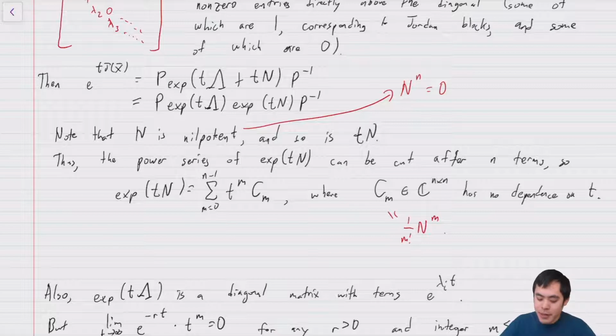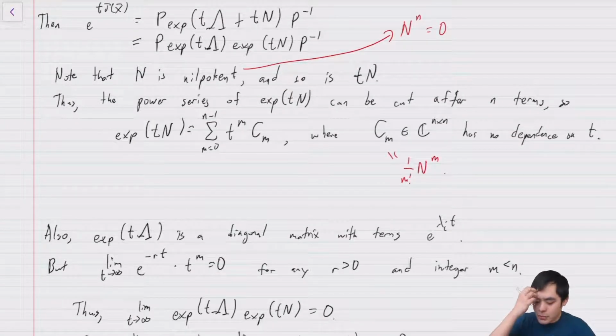And plus, the power series we can cut off. Normally this power series would go to infinity, but we don't actually have to worry about that because all the terms above n minus 1 are equal to 0. And so we have a finite summation, and with a finite summation, things are a lot nicer.